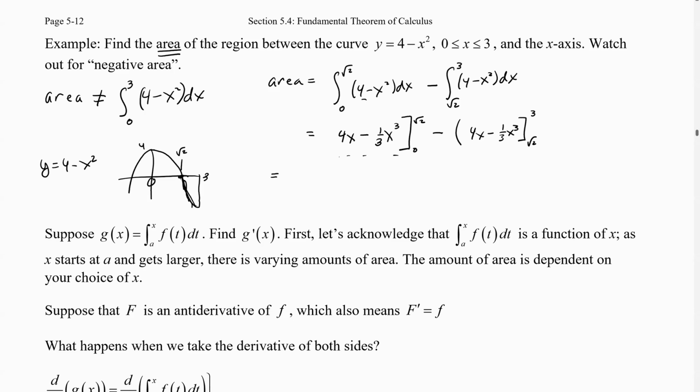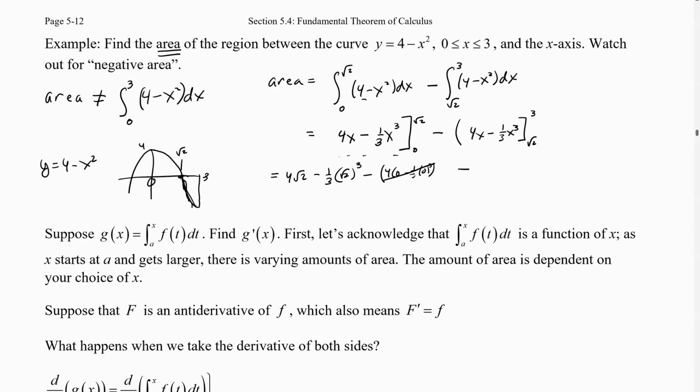Evaluating the first thing on the upper bound, that's 4 root 2 minus 1/3 root 2 cubed minus 4 times 0 minus 1/3 0 cubed. That's a big old 0. I'm going to forget about that.